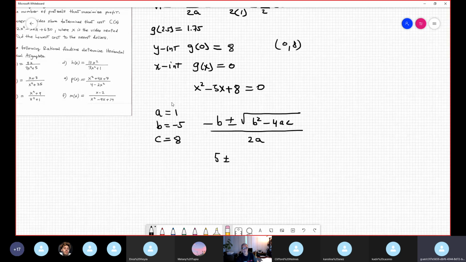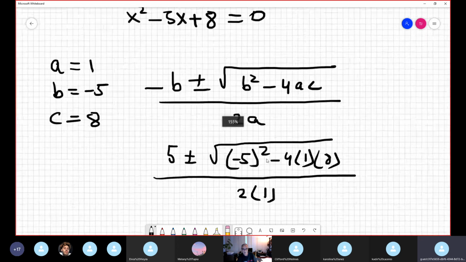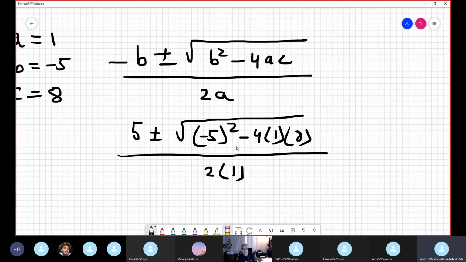Plus and minus the square root of negative 5 squared minus 4 times 1 times 8, divided by 2 times 1. As always, you need to solve first the expression inside the radical. The expression inside the radical is 25 minus 40. Immediately you see that it is a negative number. A negative number inside the radical is imaginary.